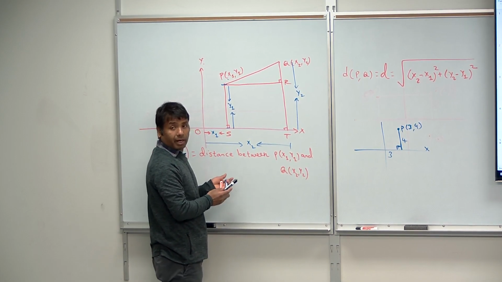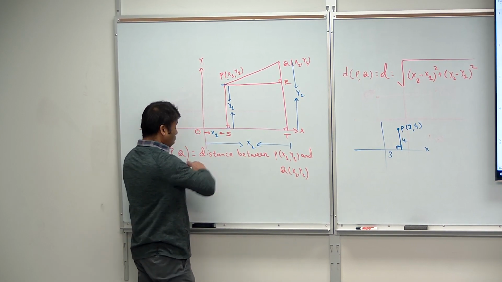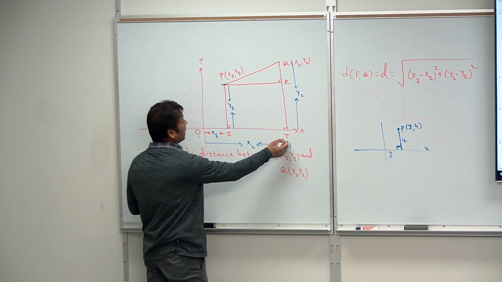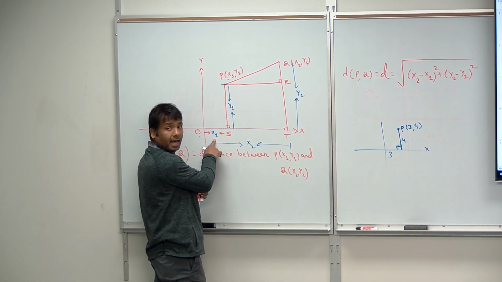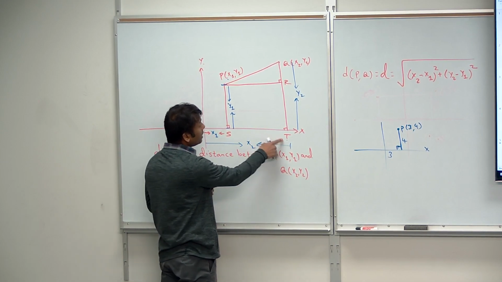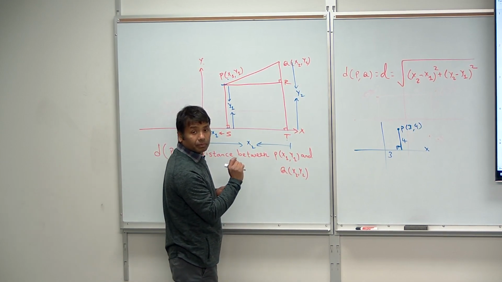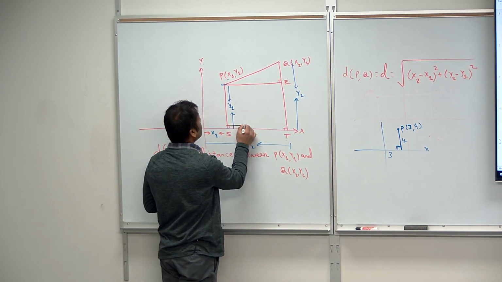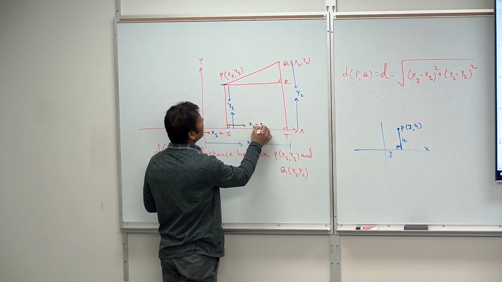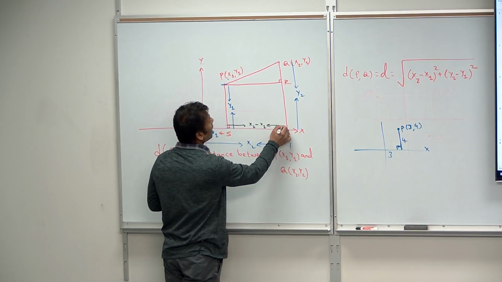You see what I'm talking about, right? So OT is x2, OS is x1. So what is ST? Is it x2 minus x1? Yes, x2 minus x1. Are you guys with me?